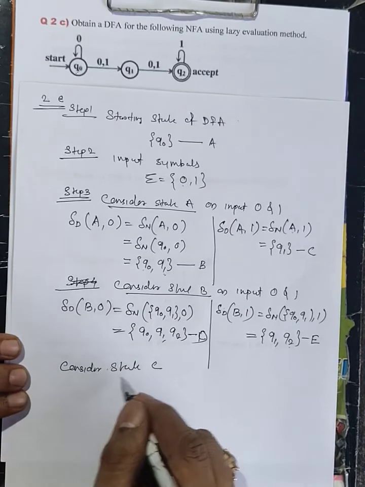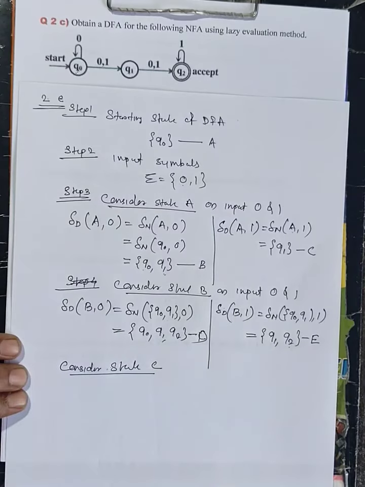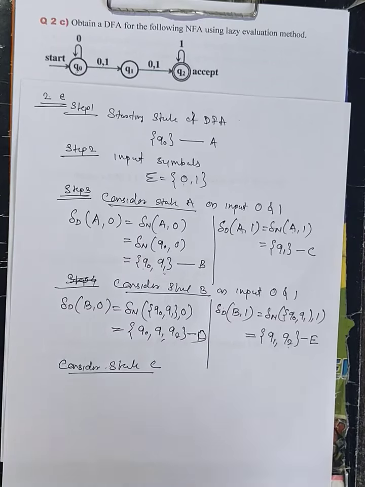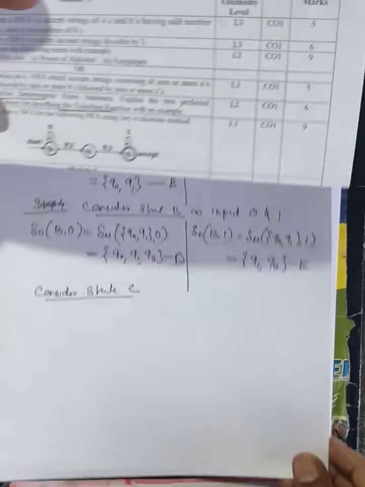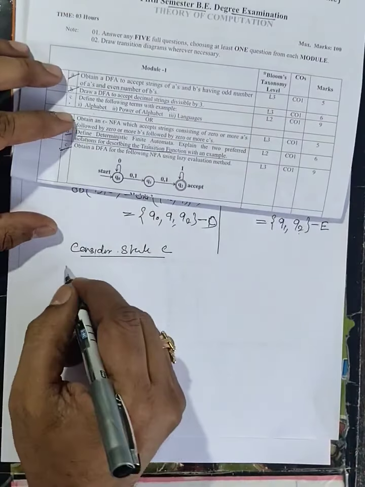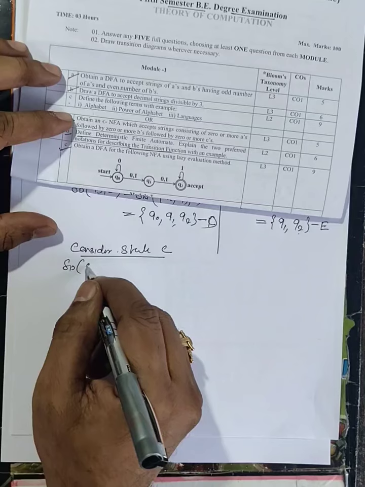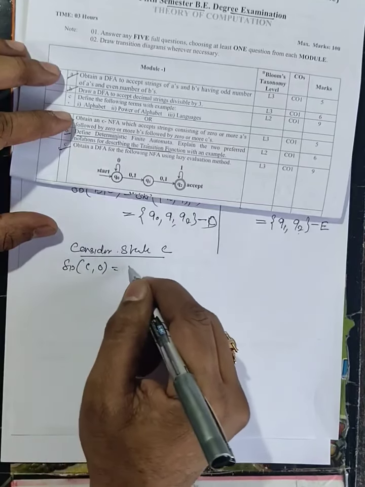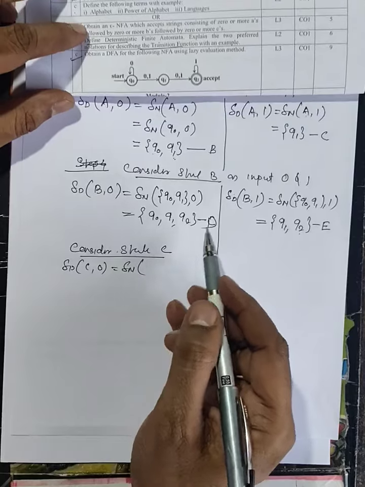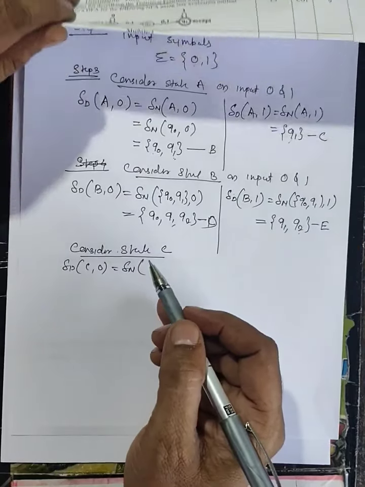Consider state C on input symbols 0 and 1. C on 0, NFA transition of C. What is C? C is Q1.